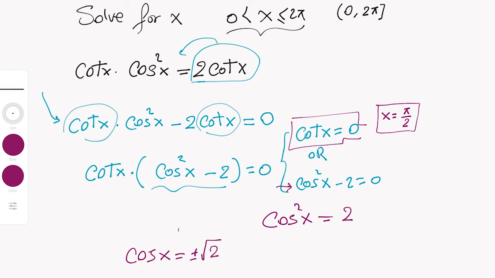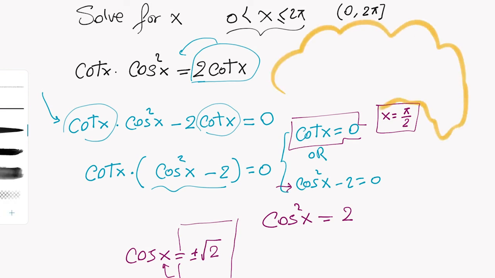So now we need to look for the x. What x makes cosine of that plus minus radical 2? If you look at the unit circle, all the values for cosine that we know are 0, 1/2, radical 3 over 2.